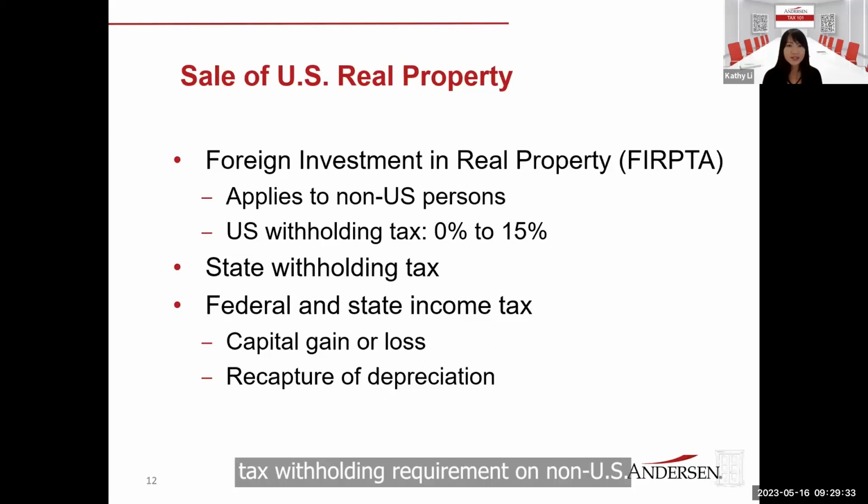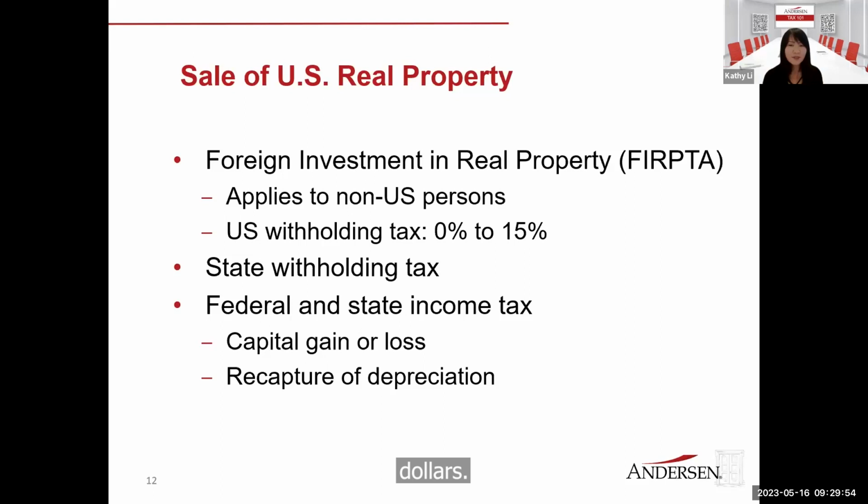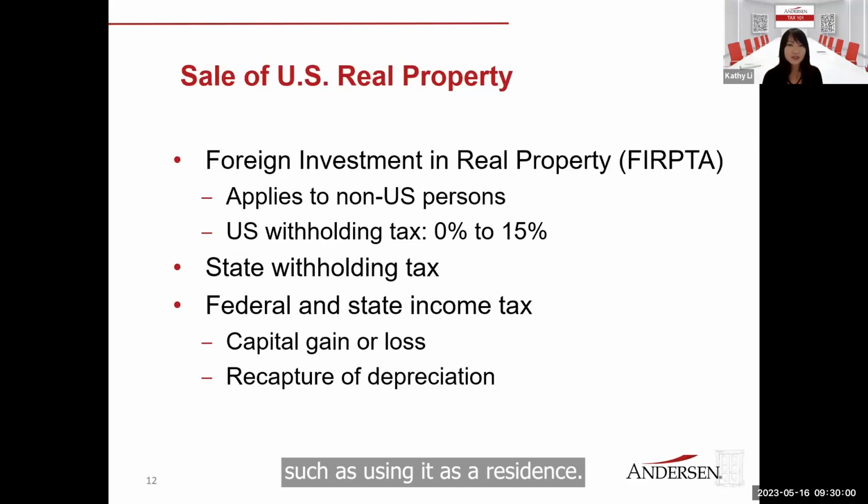There is a US tax withholding requirement on non-US persons selling US real property, and usually it ranges between 0 to 15%. To get a 0% withholding rate, the gross proceeds need to be less than 300,000 US dollars, and there are certain other requirements that need to be met as well, such as using it as a residence.